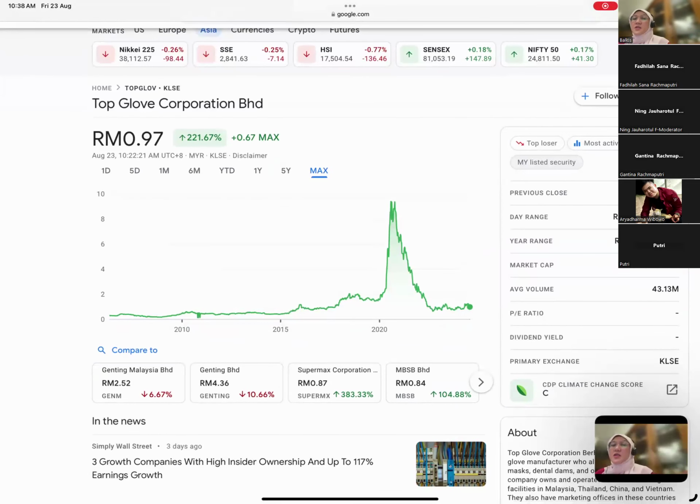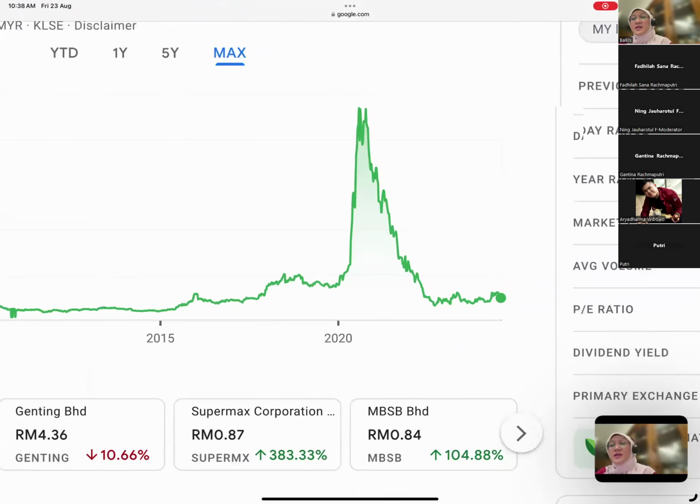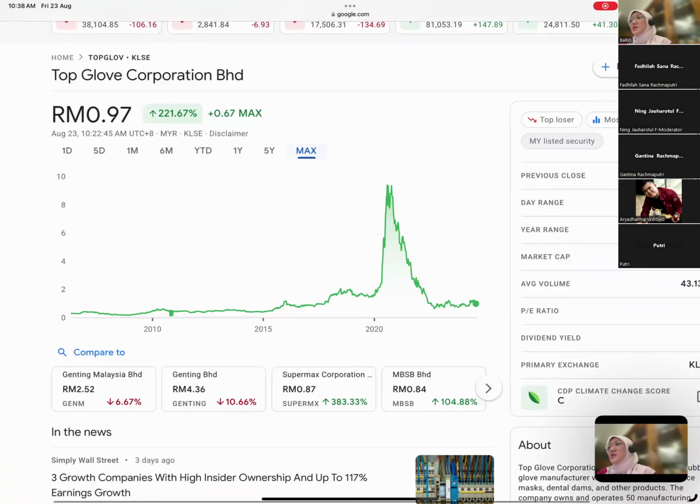Top Glove is a very good company to invest in during COVID. During COVID, the share price of Top Glove increased. If you look here, it increased and then reduced tremendously after post-COVID.